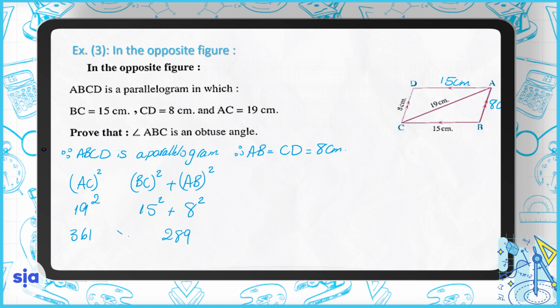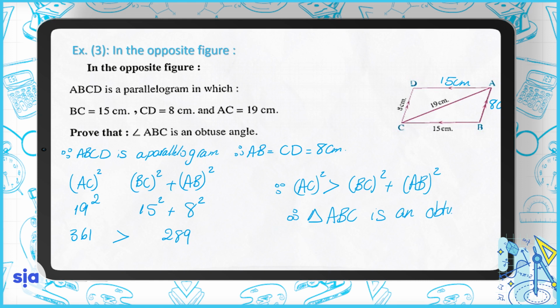So we can see that 361 is greater than 289. So since AC squared is greater than BC squared plus AB squared, therefore triangle ABC is an obtuse triangle at angle B. So therefore angle ABC is an obtuse angle.